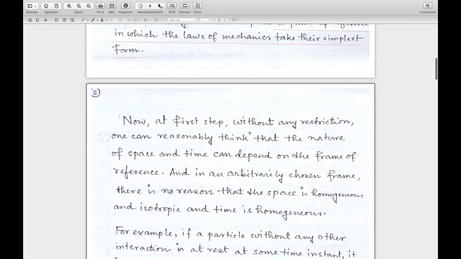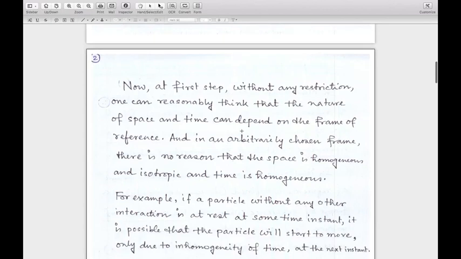Now at the first step, without any restriction, one can reasonably think that the nature of space and time can depend on the frame of reference. For example, with respect to one frame of reference, the space and time can be homogeneous, but the space cannot be isotropic. In a second frame, the space can be homogeneous, but the time is not.